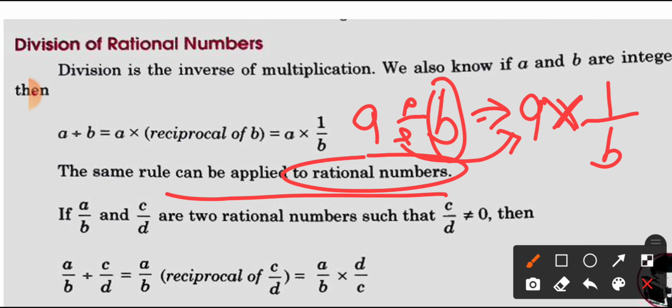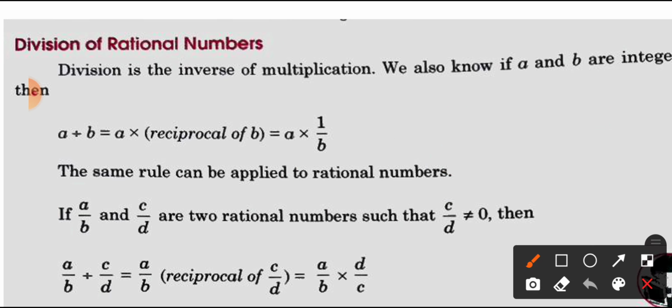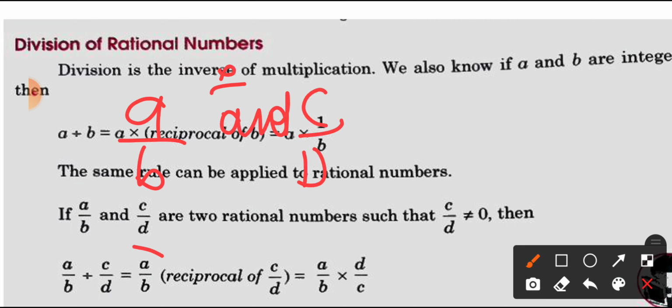If two rational numbers are given, such that the denominator is not equal to 0, the first rational number is a by b and the second is c by d. Now we have to divide a by b by c by d. So we can write it as a by b divided by c by d.